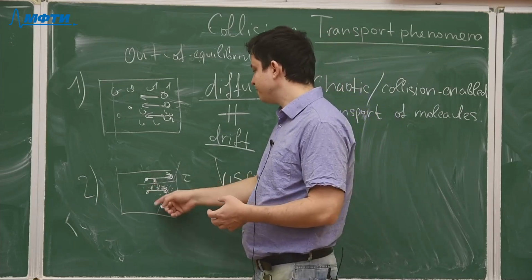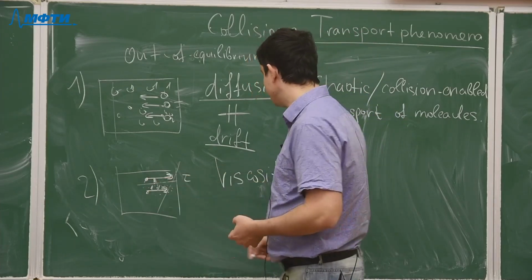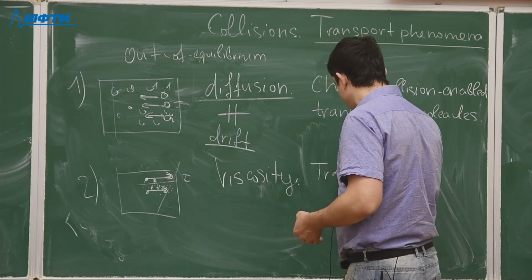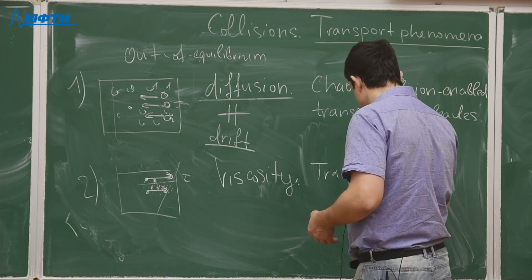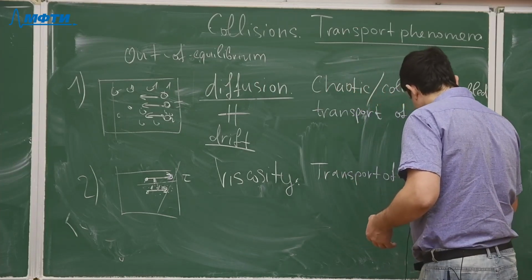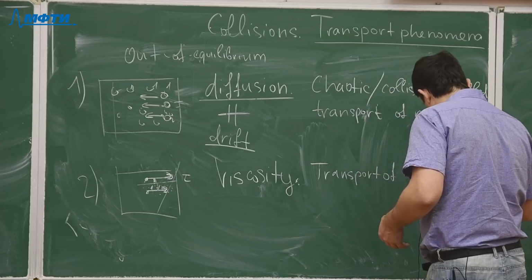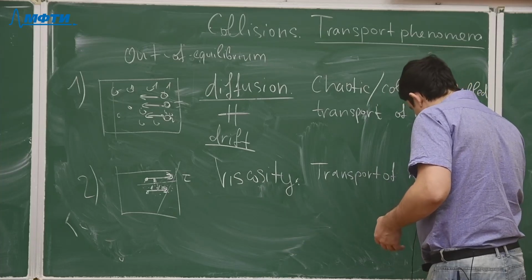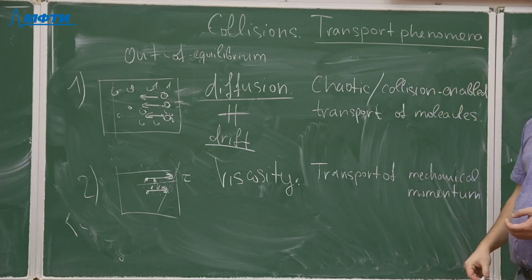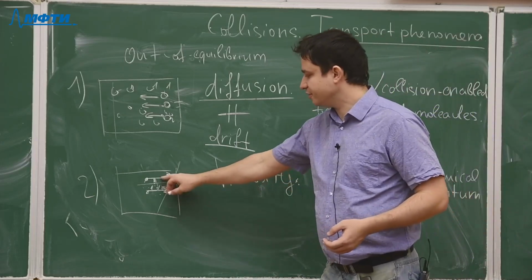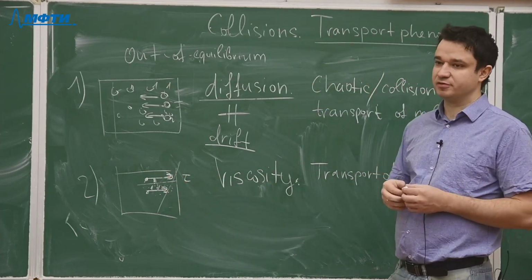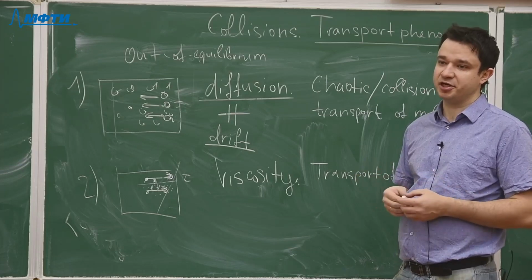So what happens actually is that in between these two layers we have the transport of momentum. Transport of mechanical momentum. And when the momentum changes in this layer, in this layer, or in this layer, then also there would be some force associated with the rate of change of the momentum.